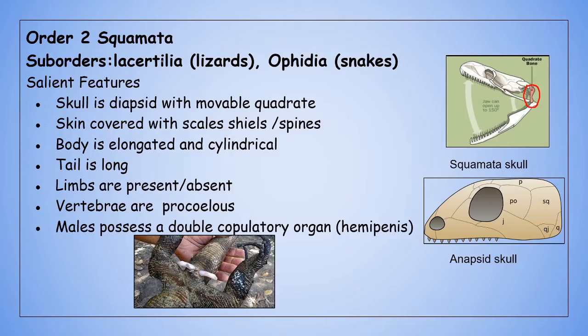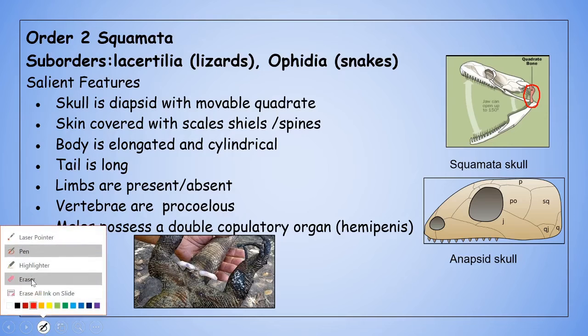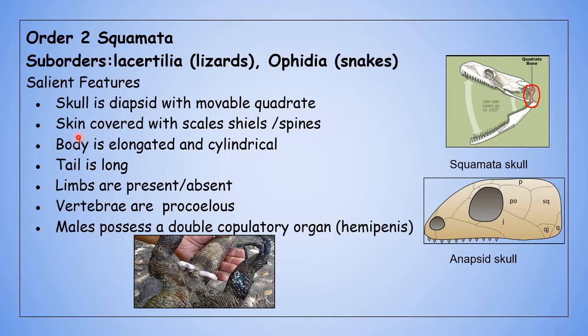Coming to the next point, their skin is covered with scales or shields. And the body is elongate and cylindrical. The tail will be very long in the case of both lizards as well as snakes. The limbs are present in the case of lizards and absent in the case of snakes.